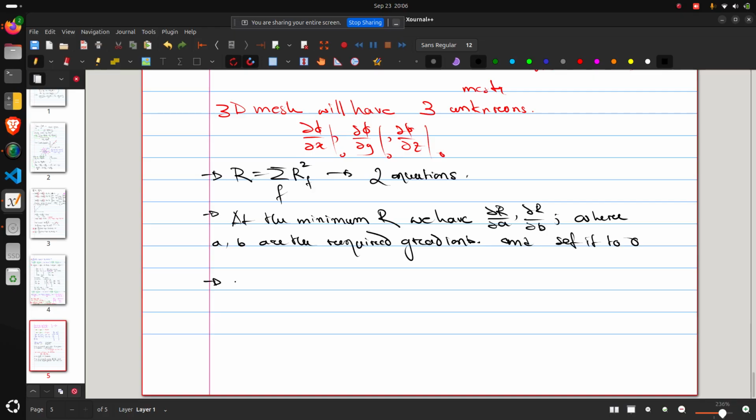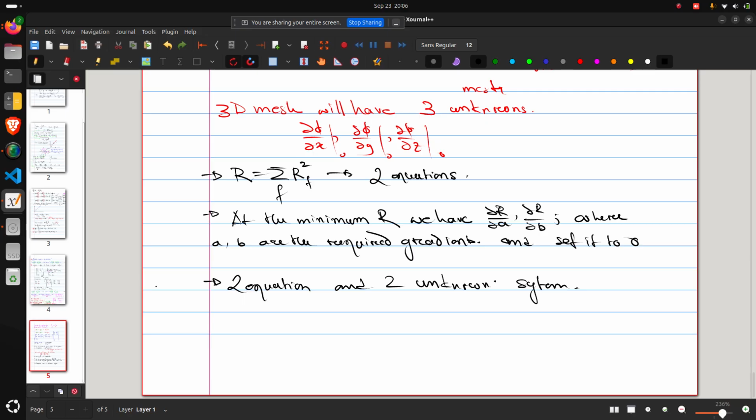Then we get a system of equations which has two equations and two unknowns.